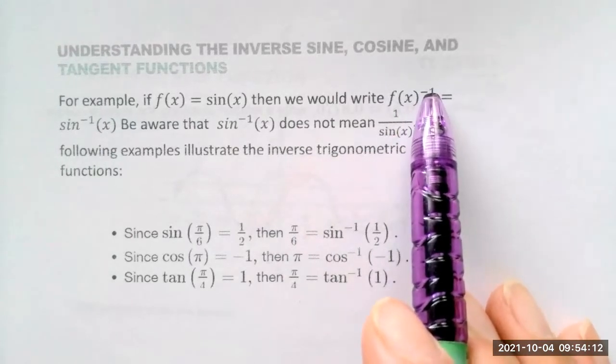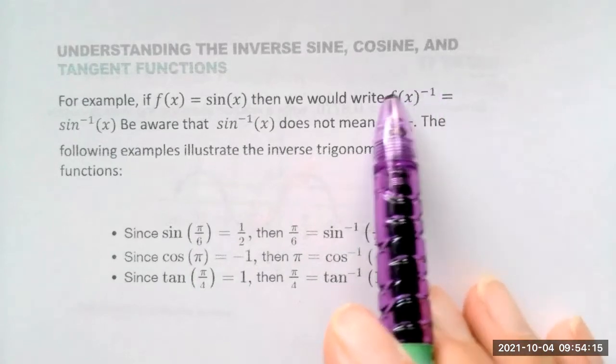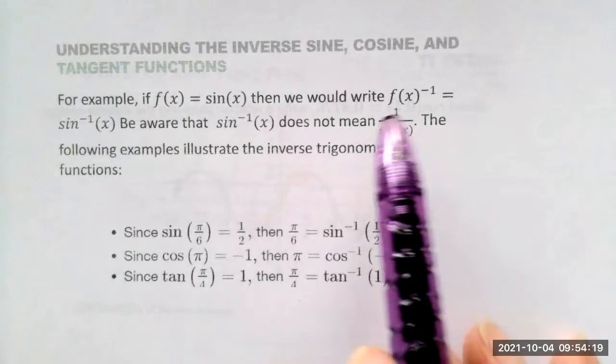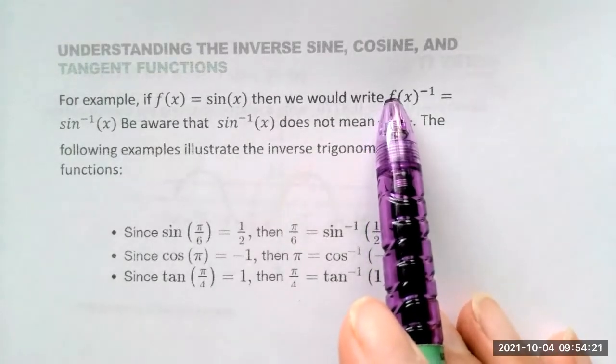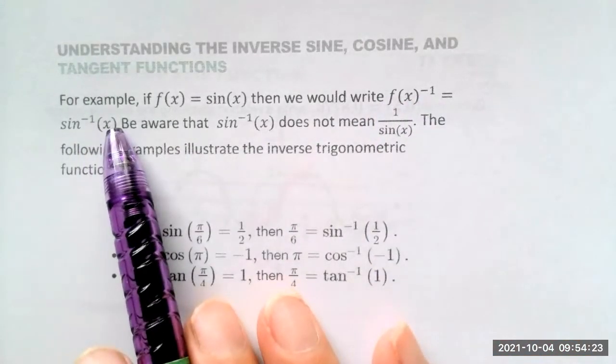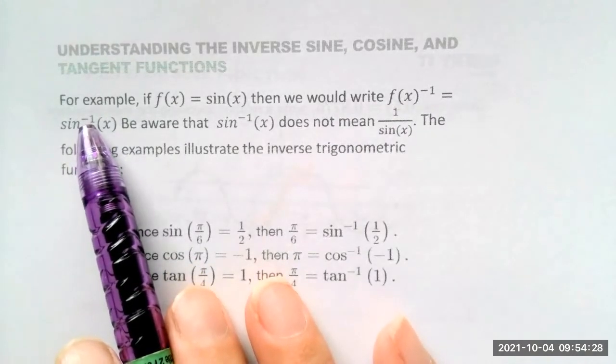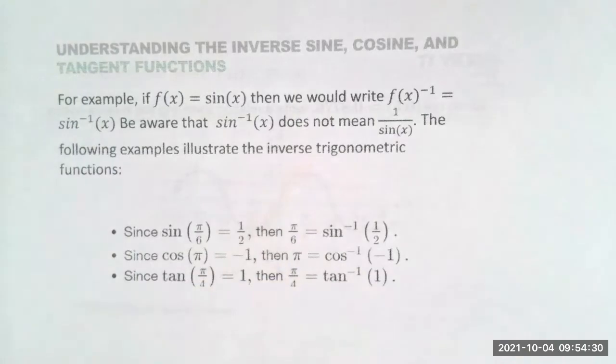Usually it's right before the x, next to the f. And this is another way of writing it. Well, it's not another way, it's the way that we talked about so far.